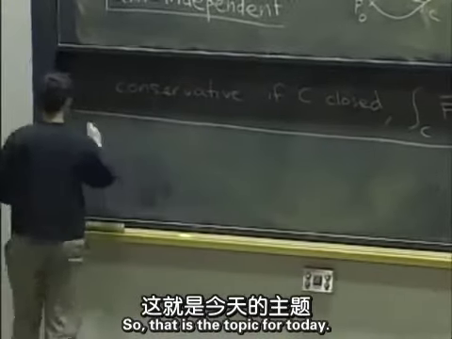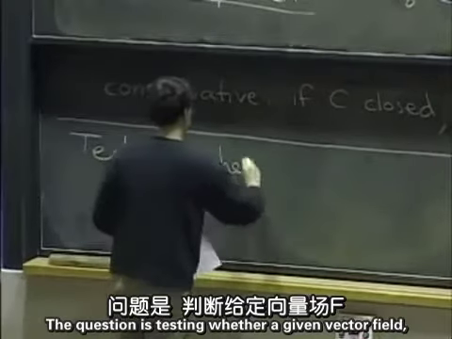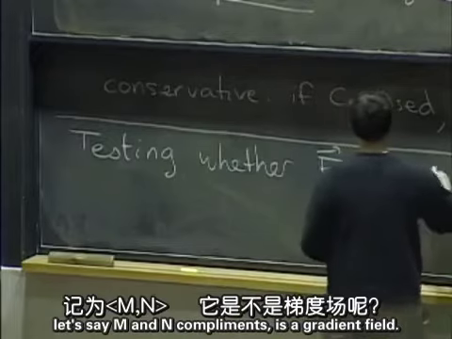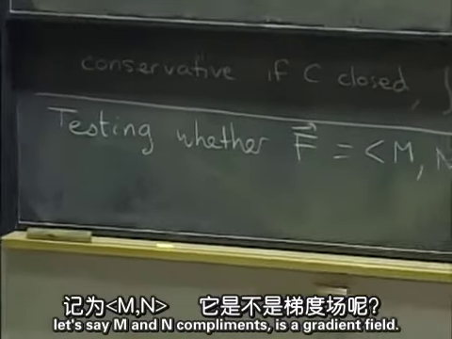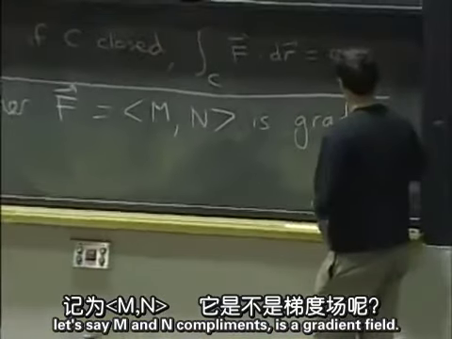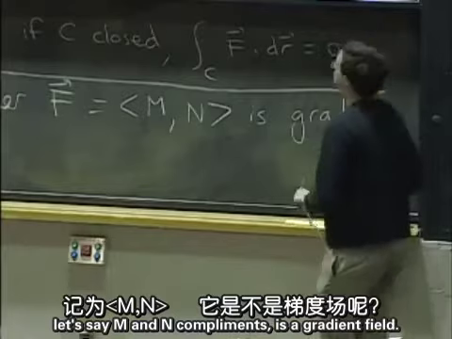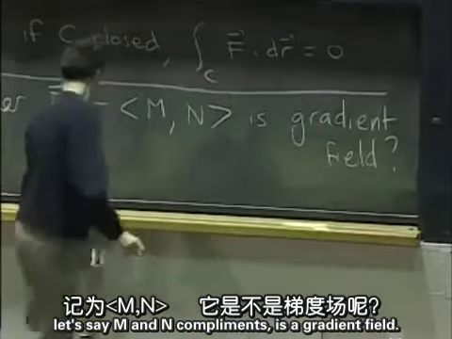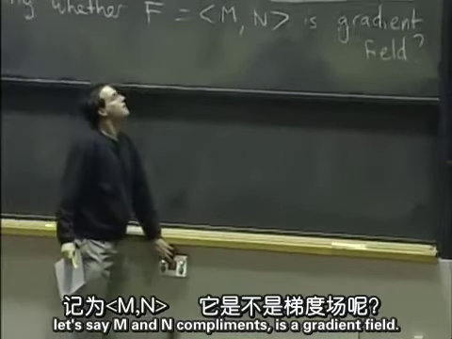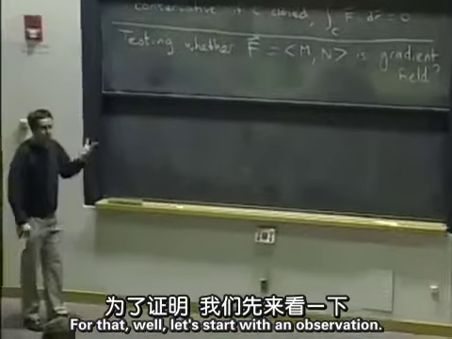So the question is testing whether a given vector field, let's say with M and N components, is a gradient field. For that, let's start with an observation.